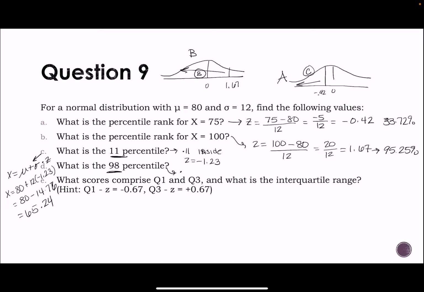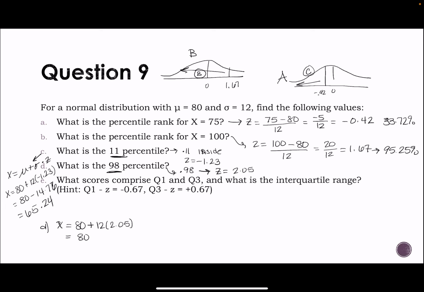Doing the same thing with the 98th percentile. This time we're looking for 0.98 on the inside, just like we were doing on question number 8. So here the z-score that corresponds with that percentile is a z-score of 2.05. So for D, this is going to be x equal to 80 plus 12 times 2.05.